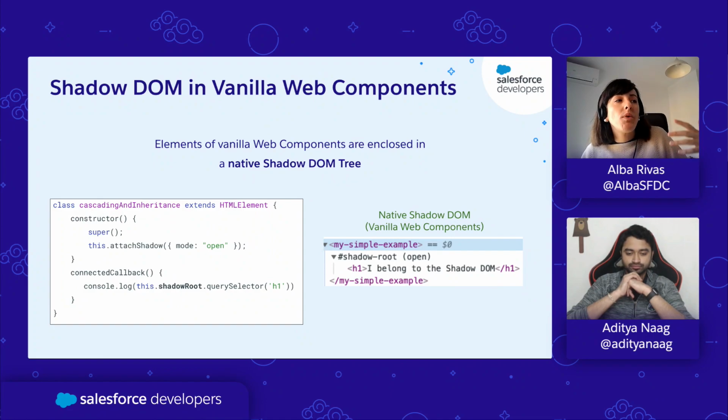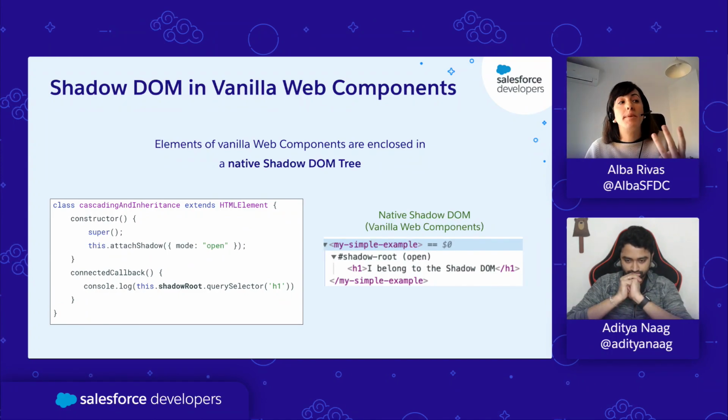So if you want to create a regular vanilla web component, I'm not talking about Lightning web components yet, this is the way in which the standards say that you have to do it. You have to create a custom element that is going to extend the standard HTML element interface, and then you are going to attach a shadow in the constructor. That way, we're going to encapsulate the internals of the element in the three ways that we have seen before.